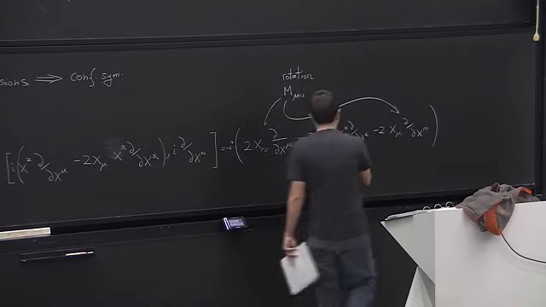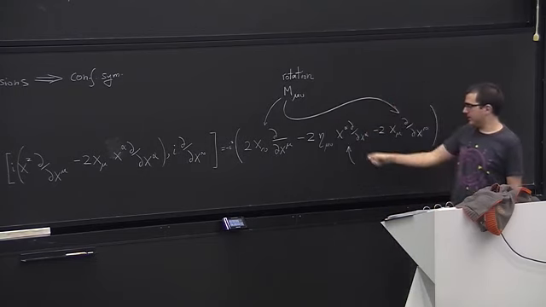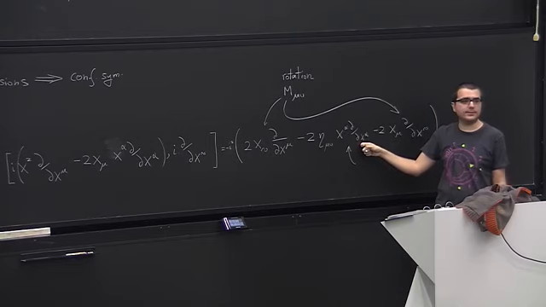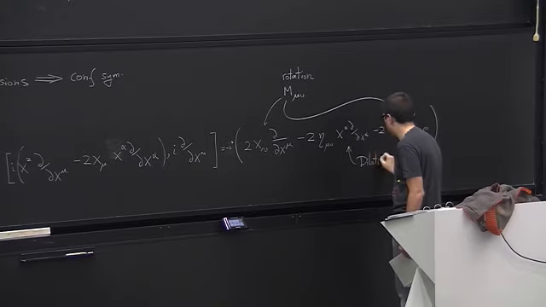What is this one? What translates a quantity by x dx? Someone, x dx. Exactly. So this is exactly a dilation.